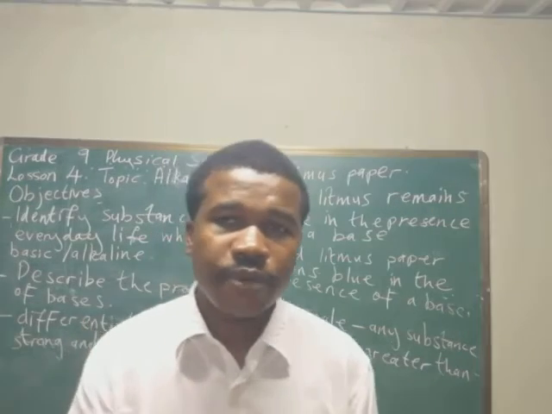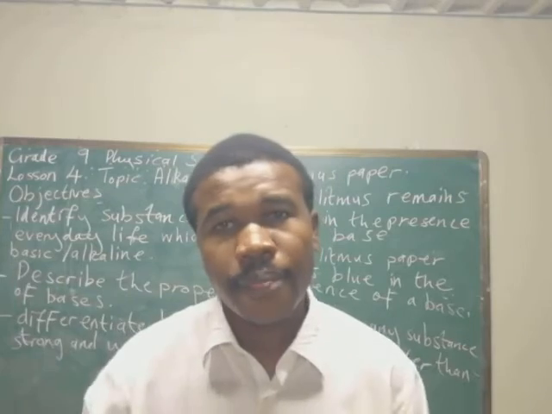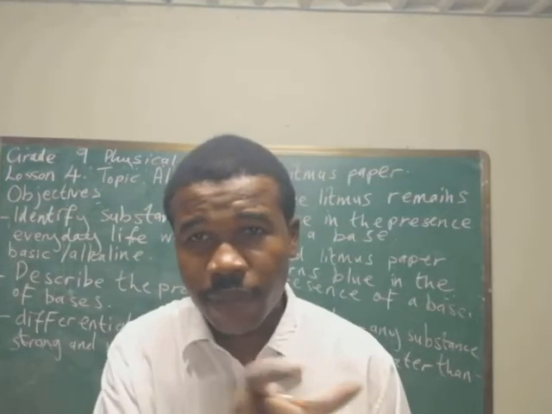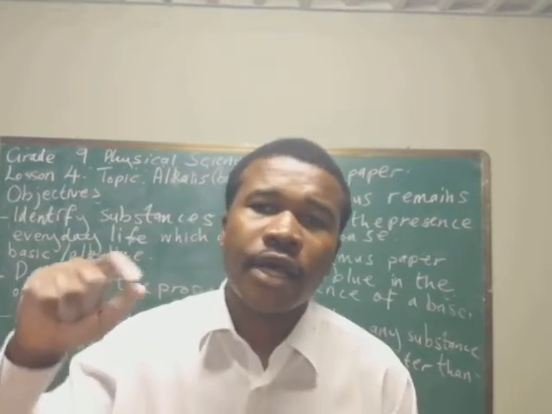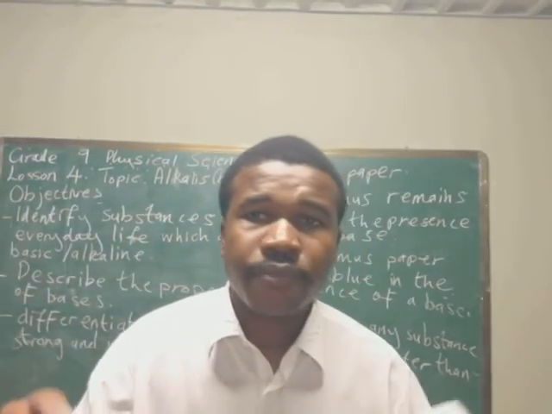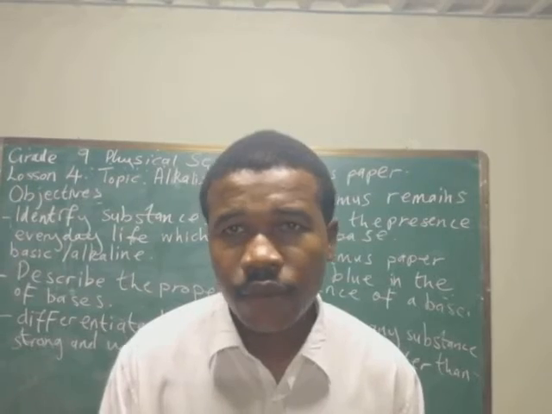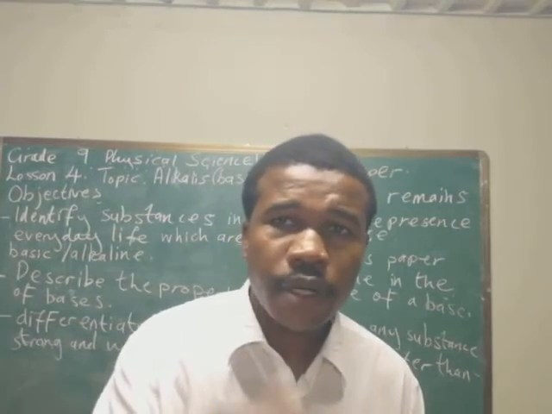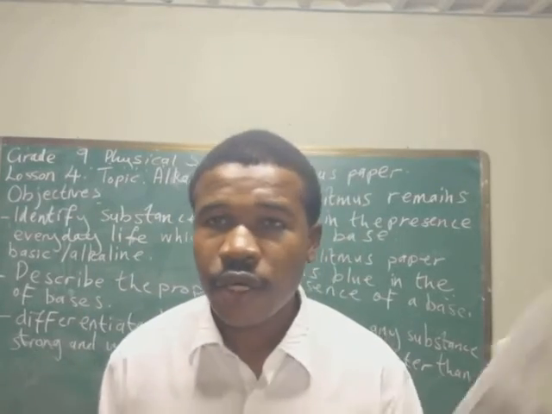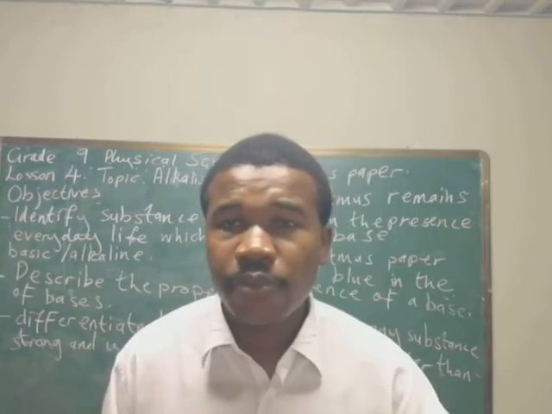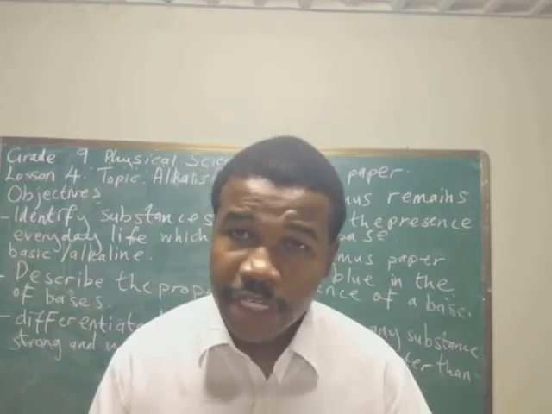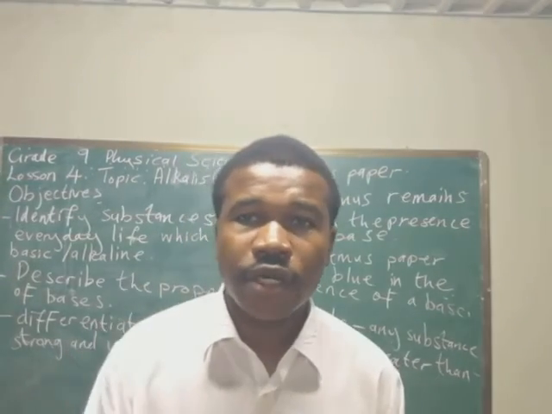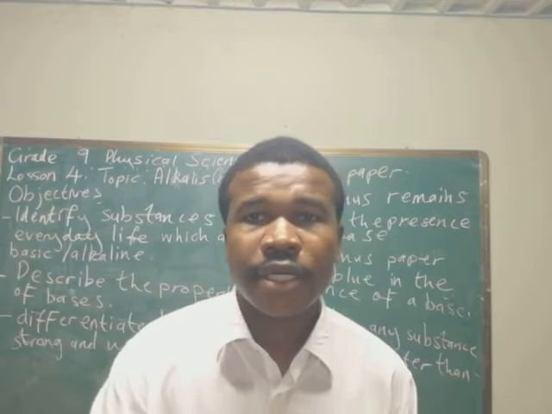So if you take your pH paper and place it against the pH scale, I hope you'll be able to rewind that part, I think I spoke a bit fast. You take the pH paper, and whichever color it has given you, you put it against the pH scale. The pH paper always moves hand in hand with the pH scale, because it's only from the pH scale that you can tell what the color on the pH paper is saying.